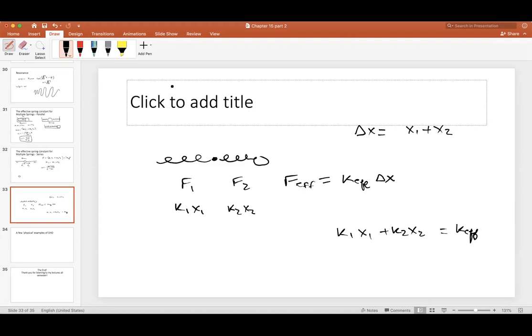No. Sorry. I'm getting ahead of myself. It's late. So what we see here is that k effective, right, times delta x, that is our k effective.